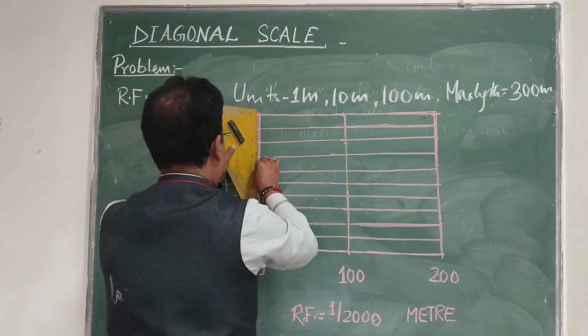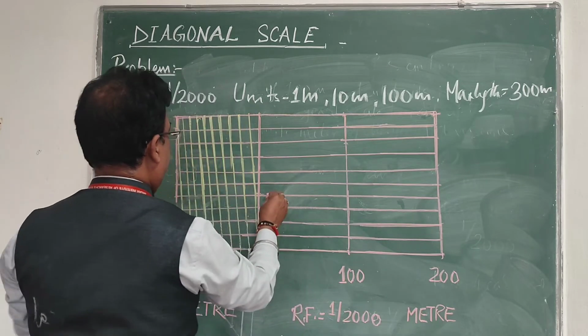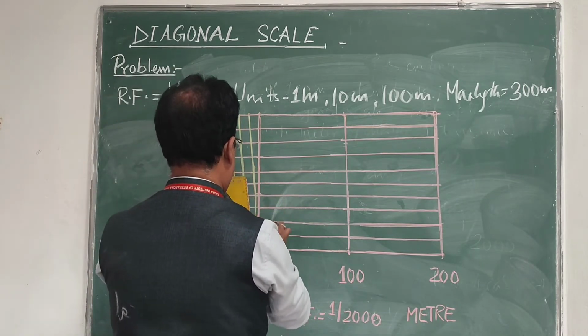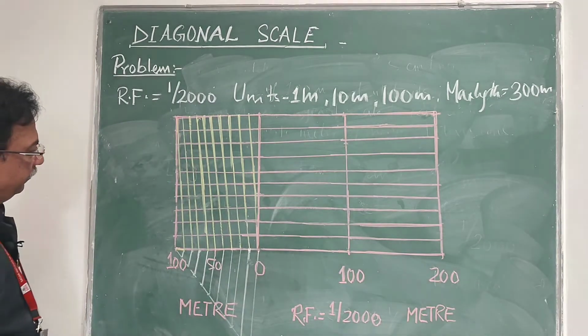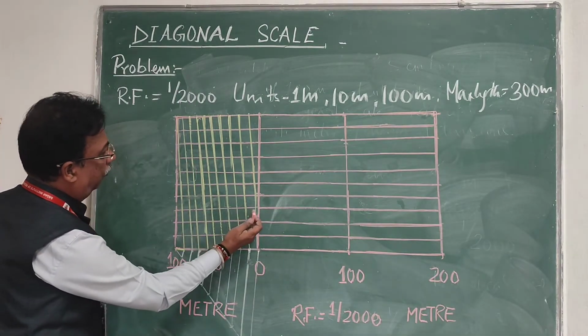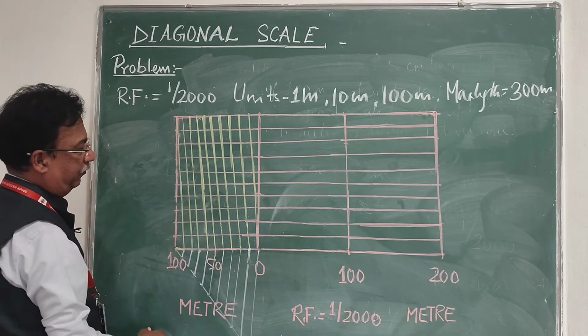So all these inclined lines are inclined lines. So now look at this figure. This is the first part. In this figure, all these lines are tilted towards the left side.